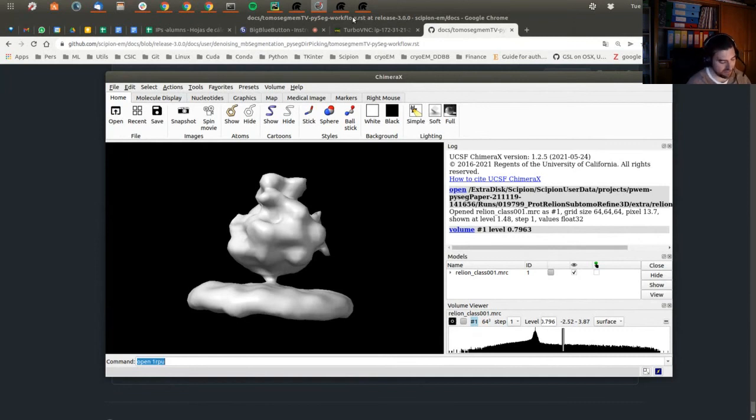But it is just to illustrate that indeed, what seems to be something in the end, at the real finishing point of this tutorial, which is the 2D classification, for real is something which is big, which seems to be a ribosome, and it's bound to the membrane.